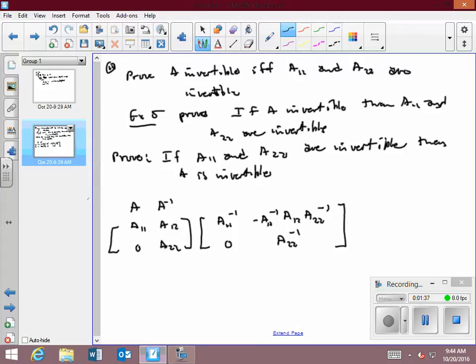So then if we multiply that out, it's the first row of A times the first column of A inverse, so that's going to be A11 A11 inverse plus A12 times 0.